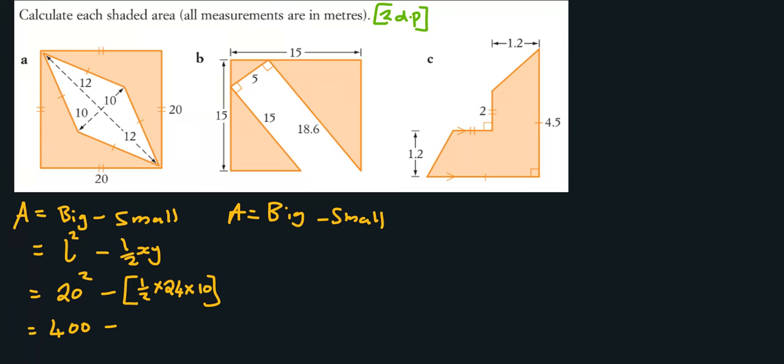And 10 times 24 is 240. Half it, we get 120. I can see a mistake. This should be 20, not 10. Okay, of course that was a test. So if we multiply this, we got half multiplied by 24 times 20, we get 240.